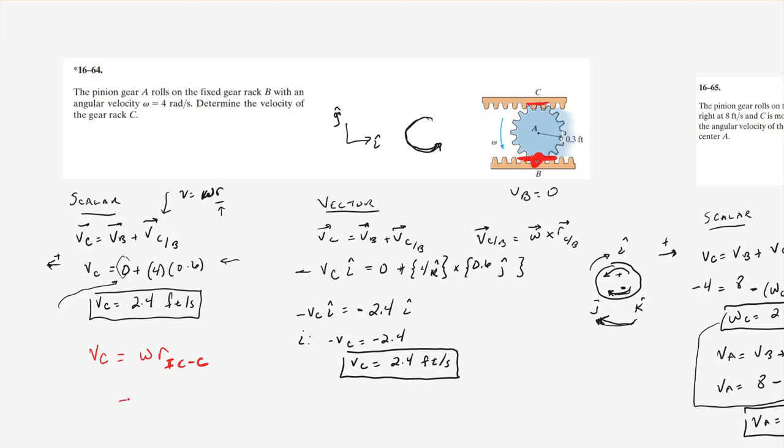So then you could say, well, omega is 4, and R from the instantaneous center to C is 0.6, because it's not the radius, and this turns out to be 2.4 feet per second. So this instantaneous center reduces this down to just this part right here.